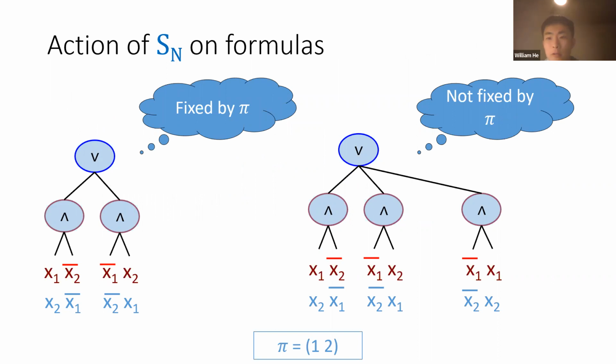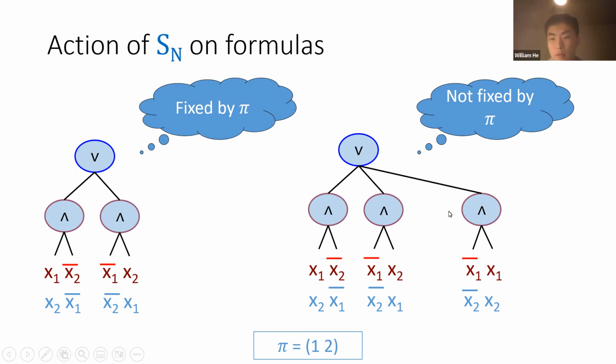And I'll note here that there are formulas that are not invariant under certain actions. So for example, I have two formulas here. Both of them compute the 2-bit parity function. However, this first one is fixed by this pi, which transposes 1 and 2.